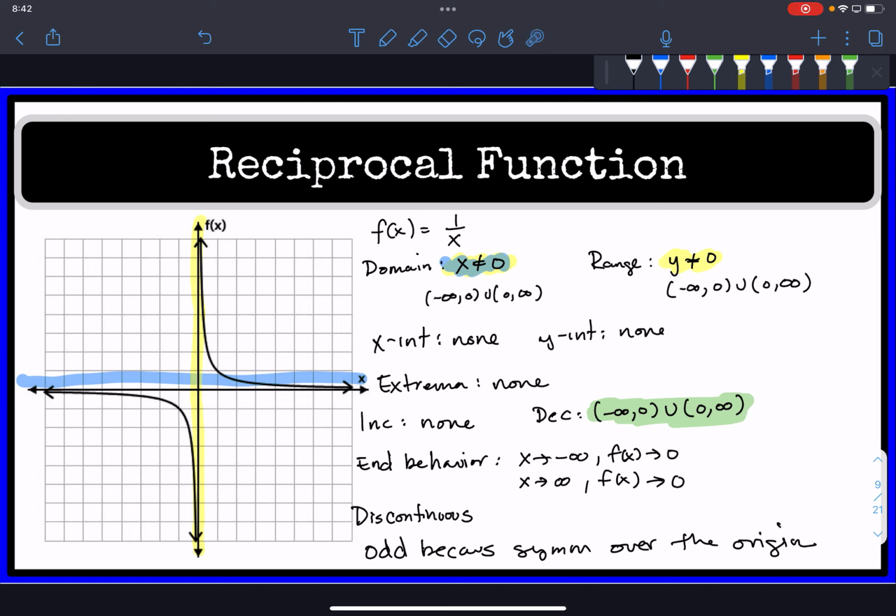You can see that if I rotate this 180 degrees, flip it upside down, the graph will look exactly the same. This end will be up here and vice versa.